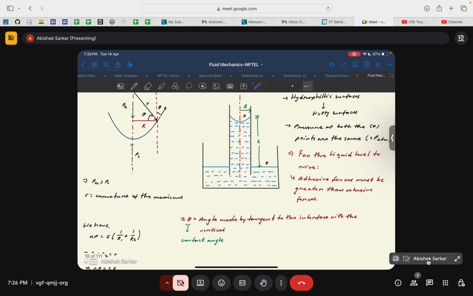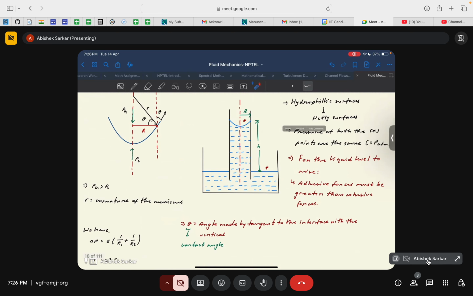The major implication of capillary rise in nature is the rise of water in the roots of trees. Of course transpiration plays an important part, but capillary rise also plays a crucial role in the rise of water in the roots of plants, as Professor Chakraborty pointed out.